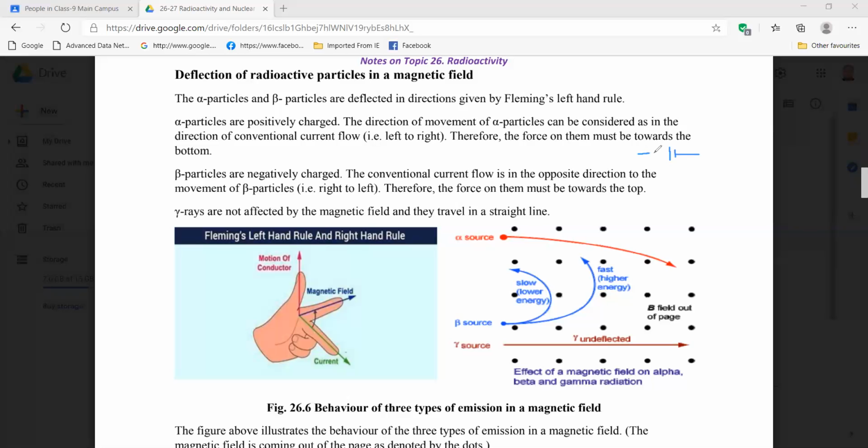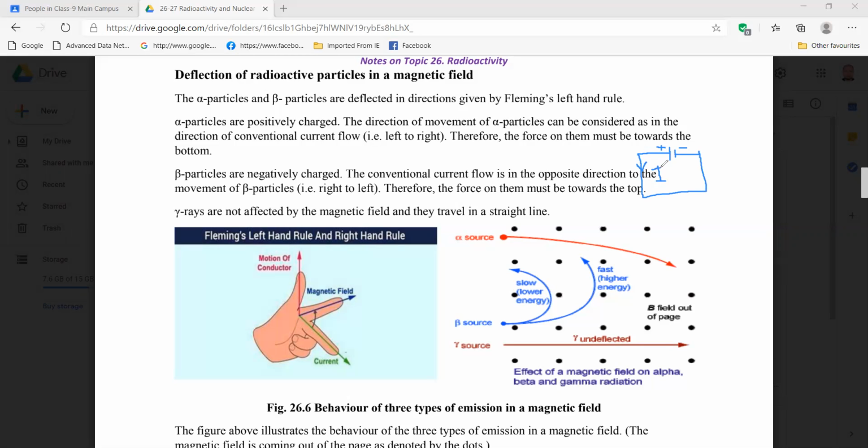Can you remember the topic name? It's in current electricity. Okay, this way, if it is the circuit, it is positive and it is negative, then it's our conventional current flow I. That means it goes from positive to negative.